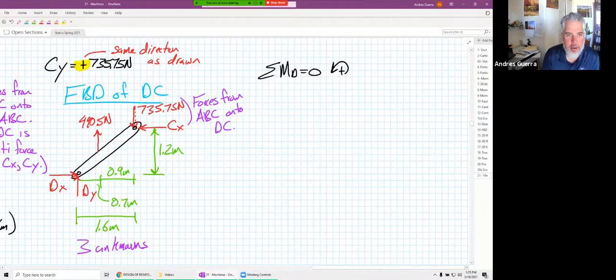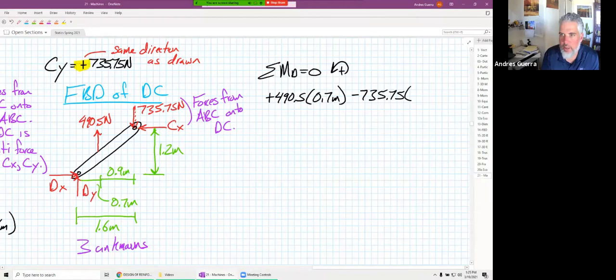So our sum of the moments about point D: we're going to have a positive 490.5 times 0.7 meters. We will have a minus 735.75 times 1.6 meters.